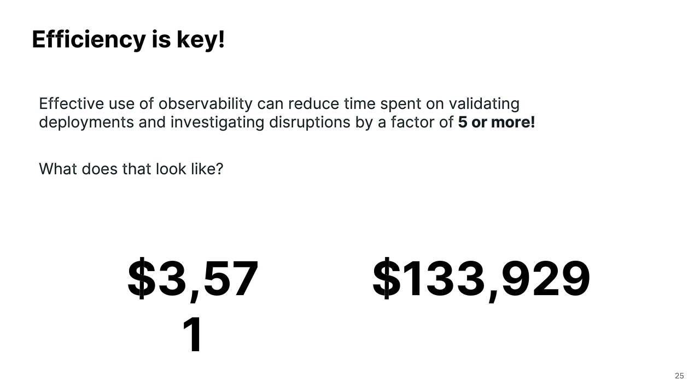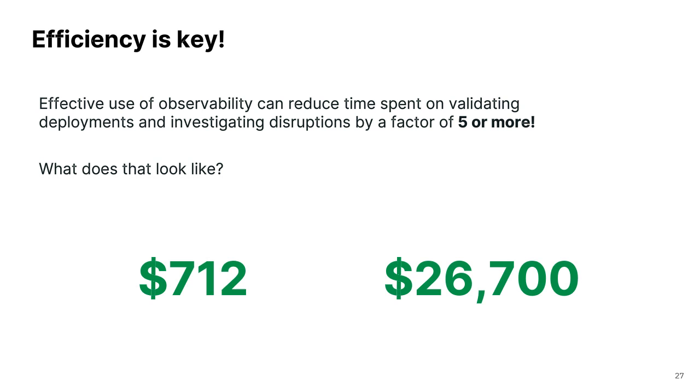And what we've found at Lightstep in working with our customers and talking with other folks in the community is that an effective observability practice, as part of a transformation from more traditional monitoring, can have a really big impact on these numbers. Potentially even improving them by a factor of 5 or more, and that brings incident response costs down below $1,000.